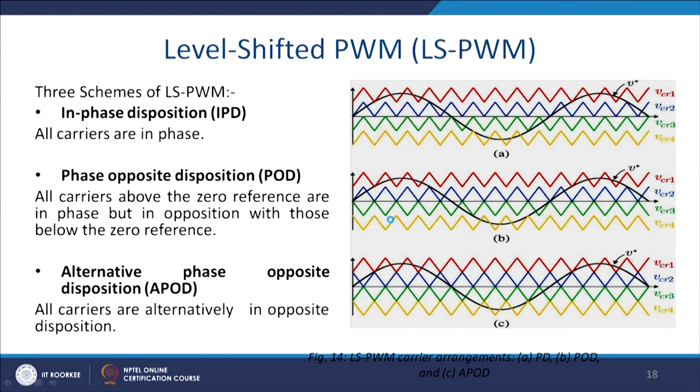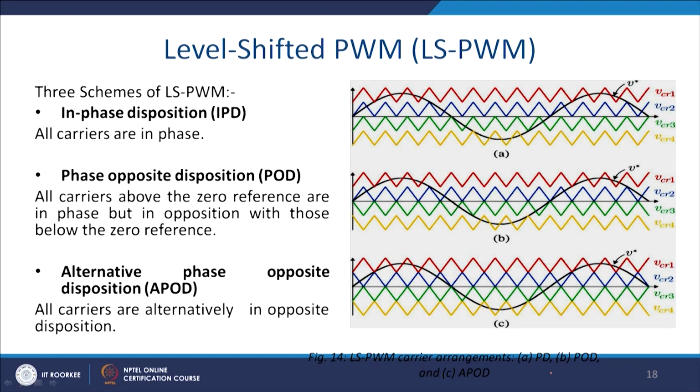So, m_f is f_cr by f_m. Now, this is a case of 5 level, so for this you have 4 carrier waves, which can be phase shifted by pi by 2.